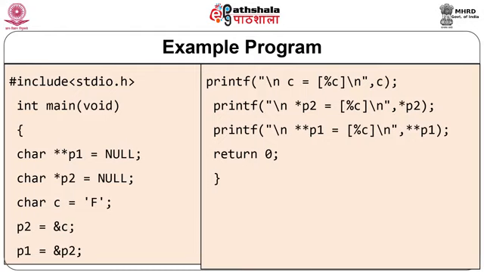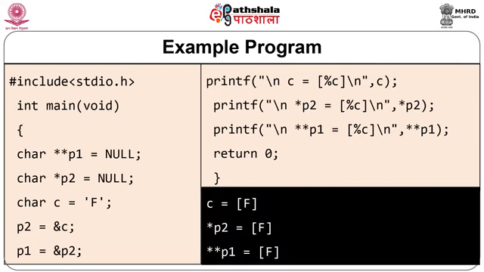If you execute this program, then you will get some output. But before that we will see these three printf statements. You can see the first printf, that is C equal to %c, because C is a character. Printf *P2 with %c and \n, comma *P2, means you are treating P2 as a pointer, and then **P1, that is pointer to pointer.